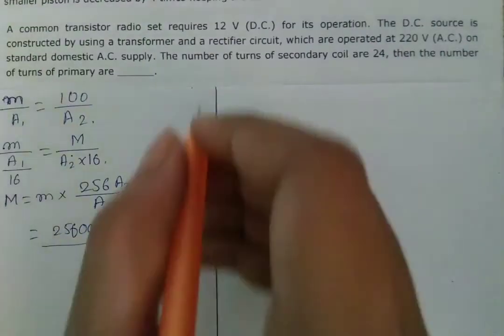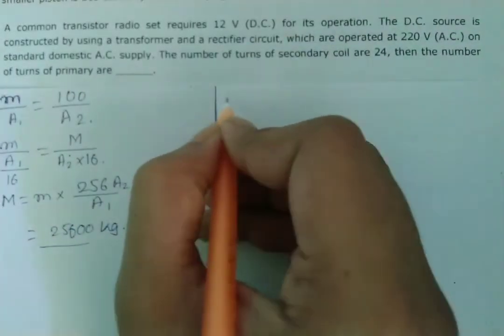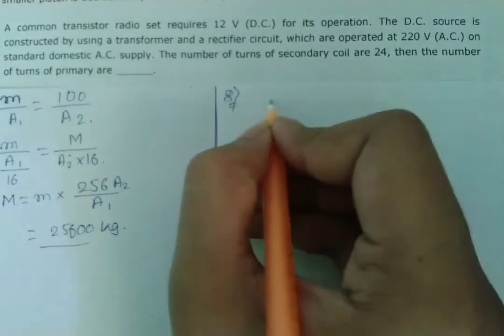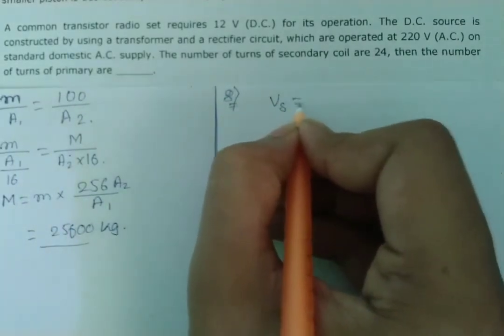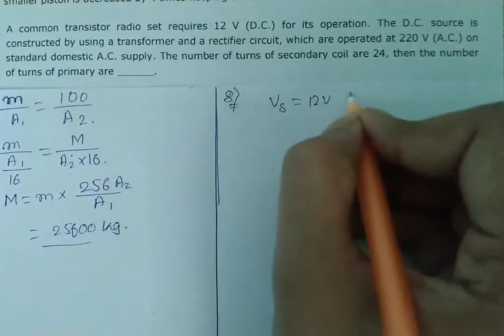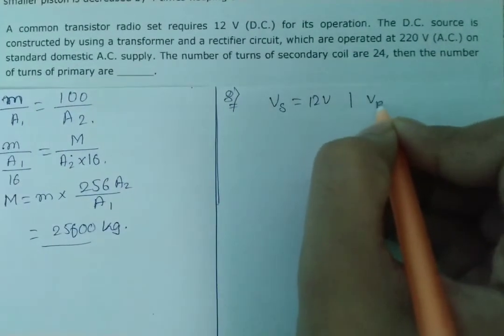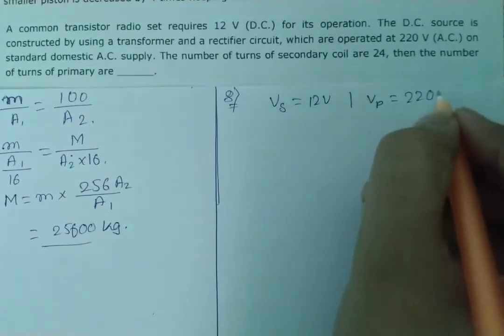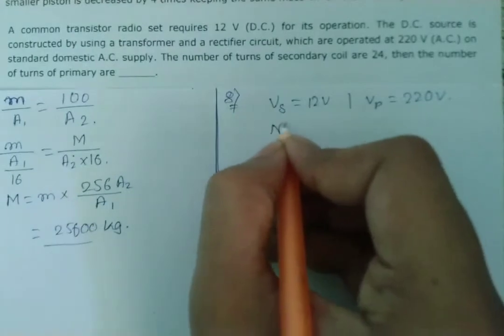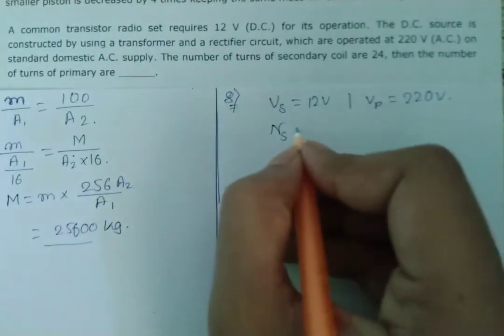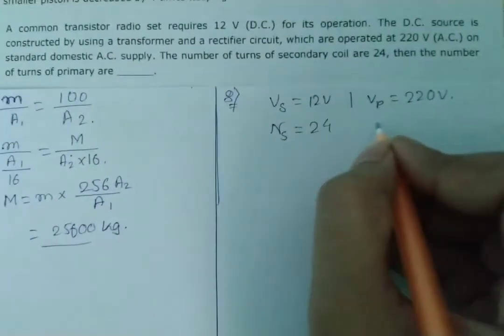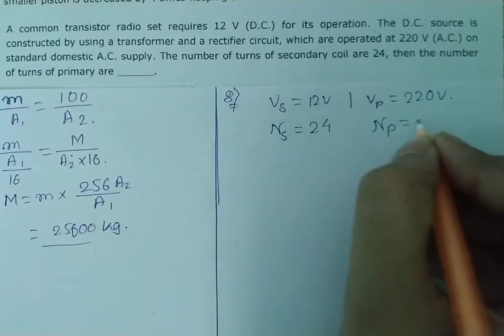In question number 8, the voltage in the secondary coil is given, that is Vs equal to 12 volt, and the voltage in the primary coil is given as 220 volt, and the number of turns in the secondary coil is given as 24, and we have to find the number of turns in the primary coil.